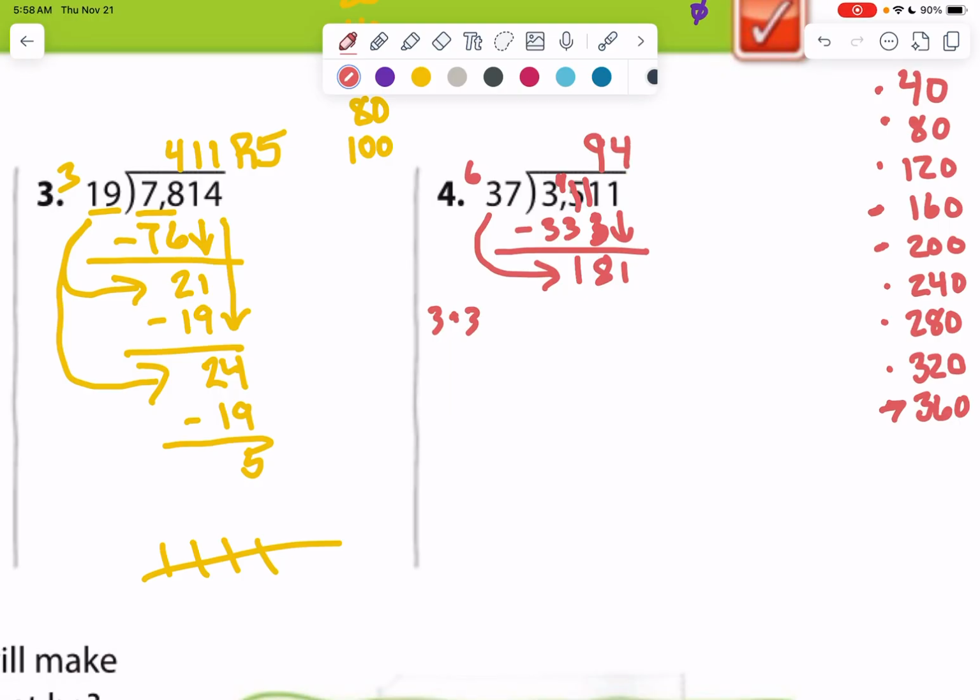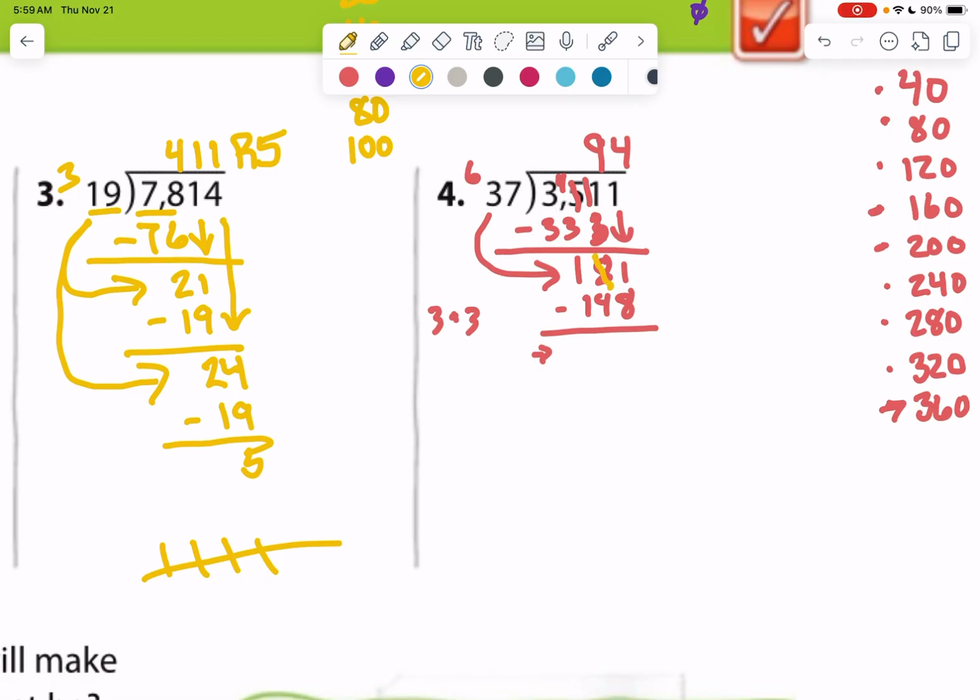4 times 7 is 28. 4 times 3 is 12, plus the 2, remember? So 14. Okay? So when we subtract, if our difference is greater than 37, then we know we chose the wrong number, okay? We're going to have to regroup here.